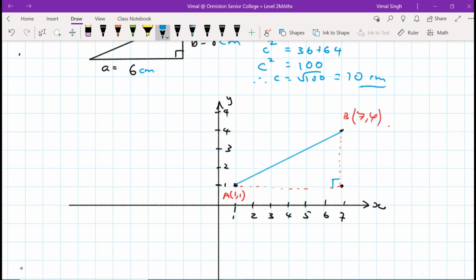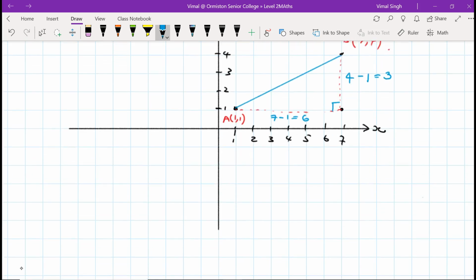A is at 1, 1 and B is at 7, 4. So the distance in the horizontal direction, along the x-axis, is going to be 7 minus 1, which is equal to 6. And in the y direction, it is going to be 4 minus 1, which is equal to 3.